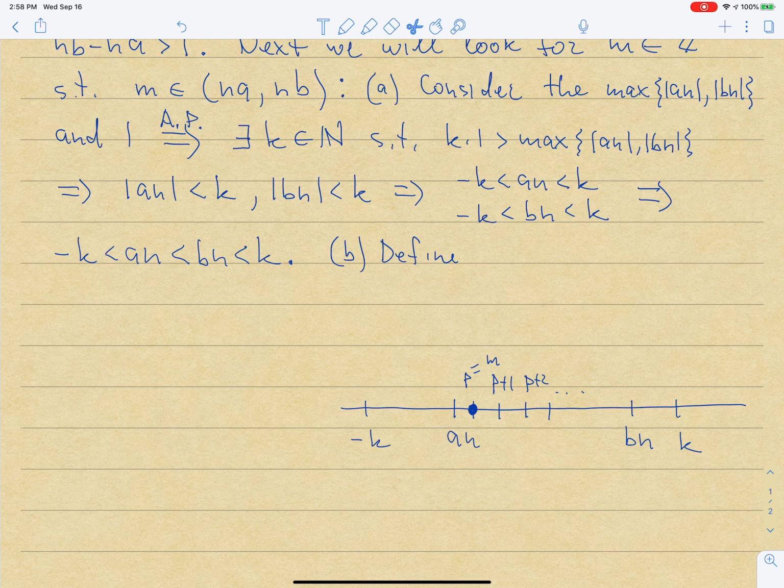Okay, so I'm going to define the set S as the set of all integers j such that j is greater or equal than minus k, so minus k less or equal than j less or equal than k, and j is greater than an.